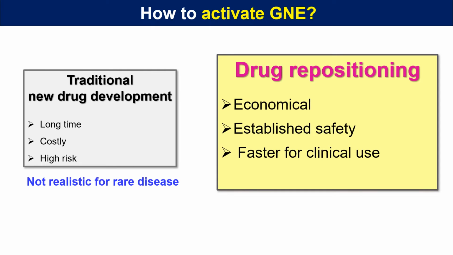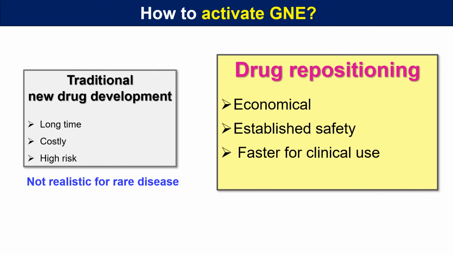And as the safety is not established, it is so risky. On the contrary, drug repositioning is economical, safety is established, and it is faster for clinical use. So I decided to select drug repositioning to look for a known drug that could be a very effective therapeutic option for GNE myopathy patients.